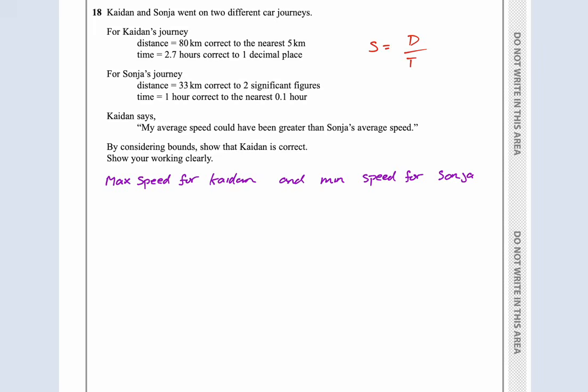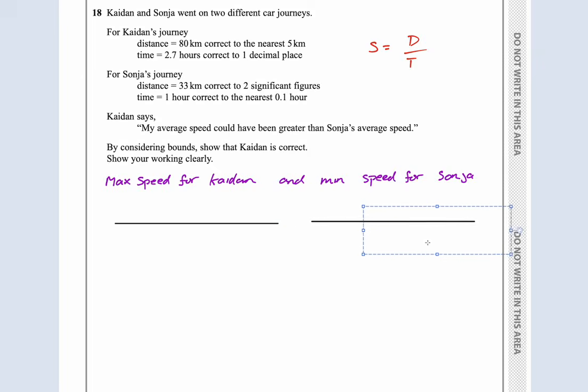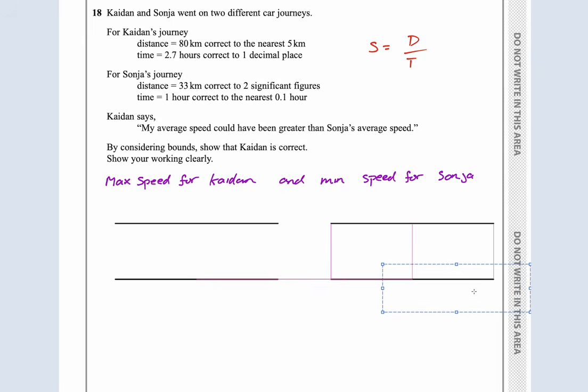So we have to do the whole thing separately. Let's do Sonia here and Kaidan here. This is Kaidan and this is Sonia.